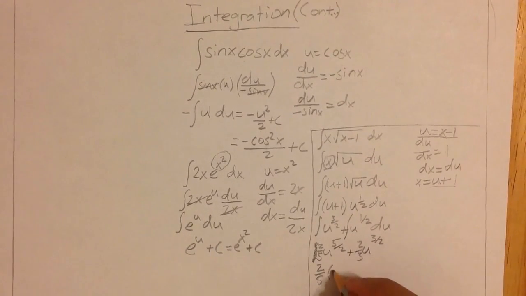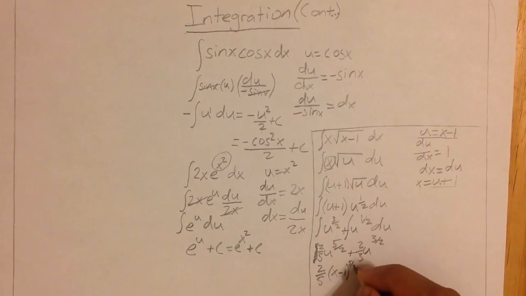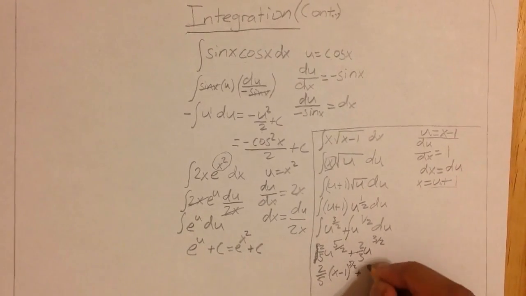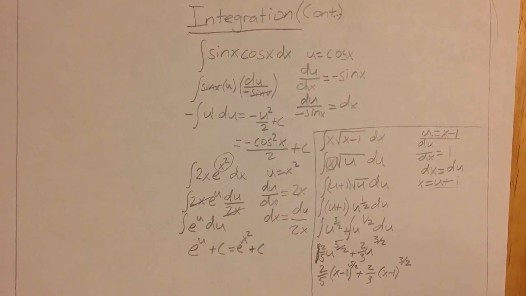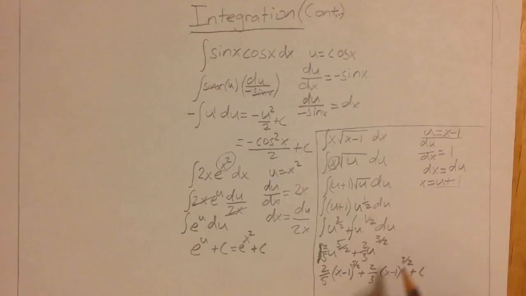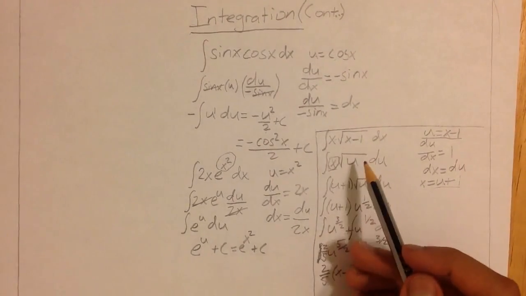So 2/5 times x minus 1 to the 5/2 plus 2/3 times x minus 1 to the 3/2. And that's your final answer for the integral of x times the square root of x minus 1.